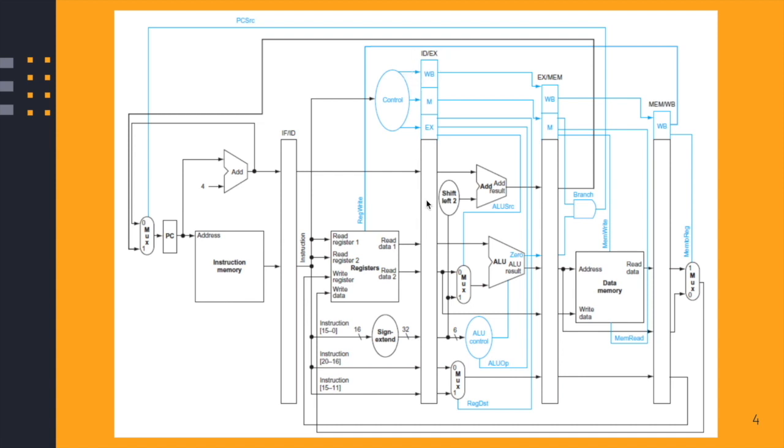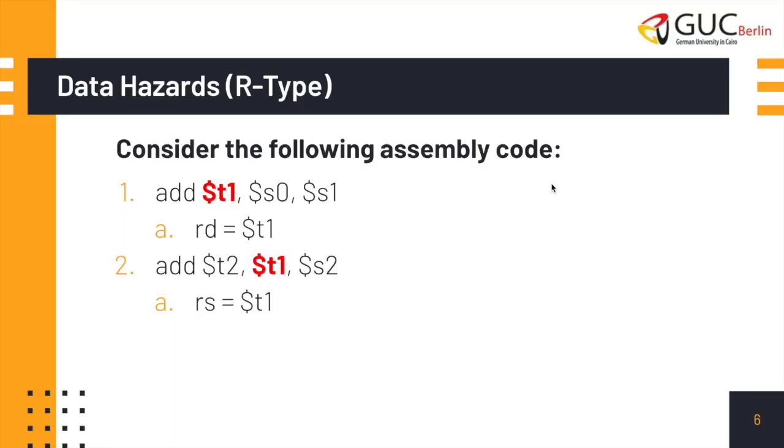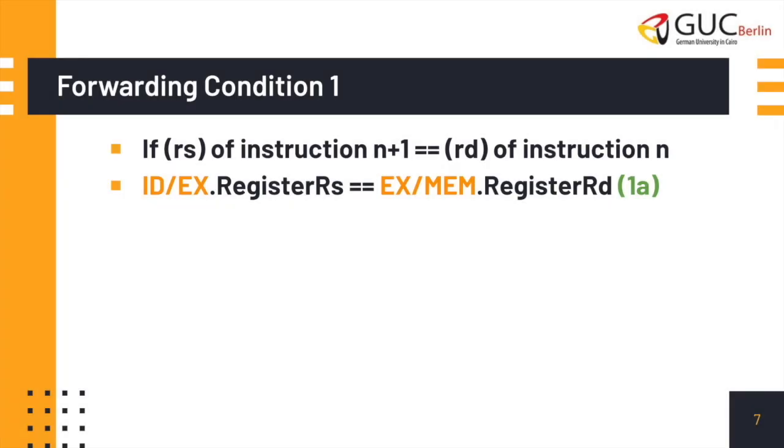So I'm comparing the register RS of instruction 2, now stored in ID/EX, with the register RD of instruction 1, which is stored in EX/MEM. And this is the first part of condition 1, which is called 1a.